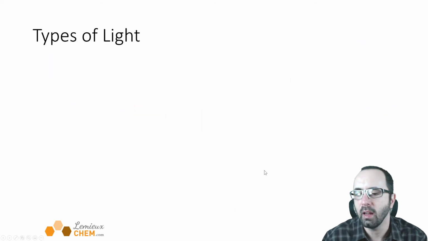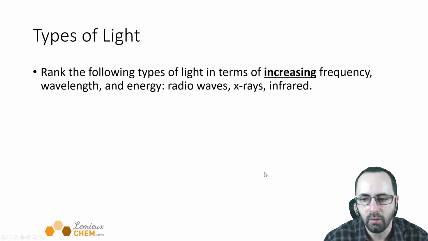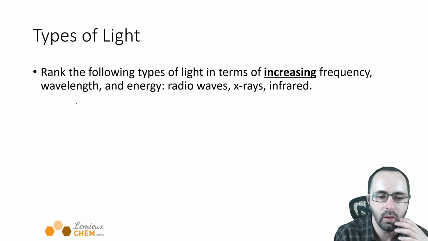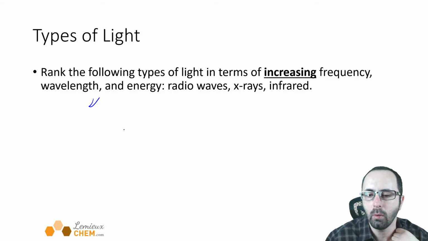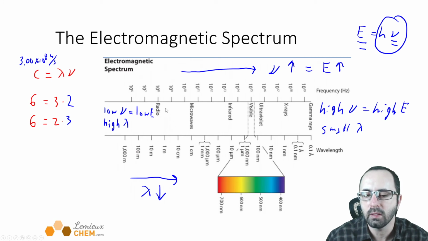So a kind of question that I like to ask you about the types of light is to rank the following types of light in terms of increasing or decreasing frequency, wavelength, and energy. And so here in terms of the frequency, the lowest frequency, well, let's look. We have radio, X-ray, and infrared. So the lowest frequency here is the radio waves. This is more to the left, low frequency.